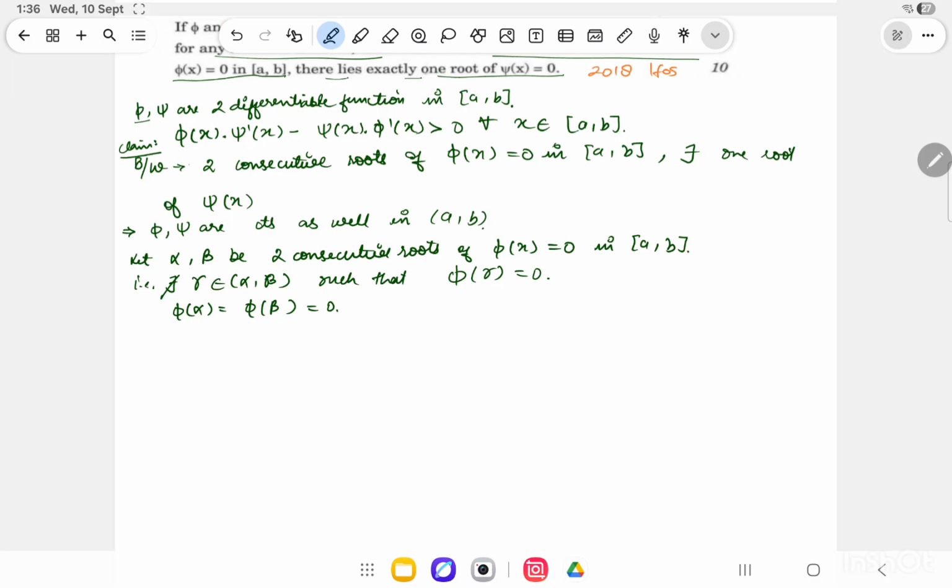Also, we are supposed to prove that there exists exactly one root of psi x in between two consecutive roots of phi x.